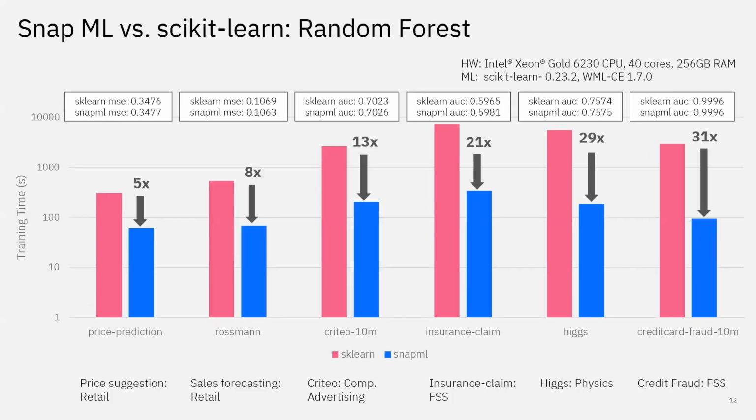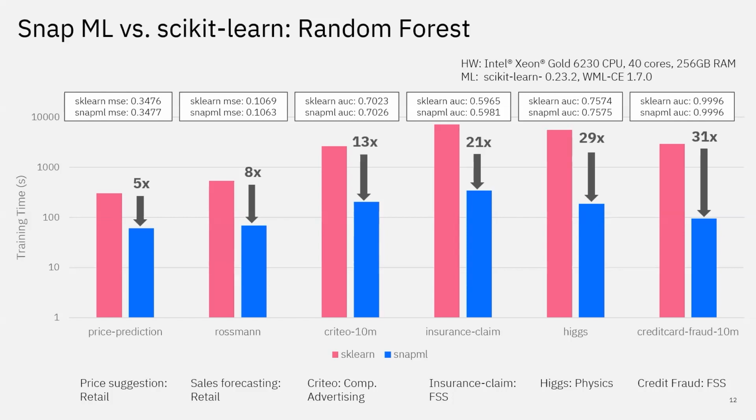Next slide, please. Okay, so a similar vein, this is the random forest algorithm from SnapML and scikit-learn. A random forest is an ensemble of decision trees. The random forest is a much more complex model than a single decision tree, so the absolute training times increase a lot compared to the previous chart. But we see that the acceleration factors remain similar.